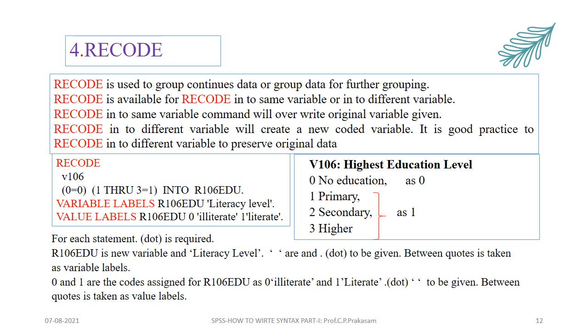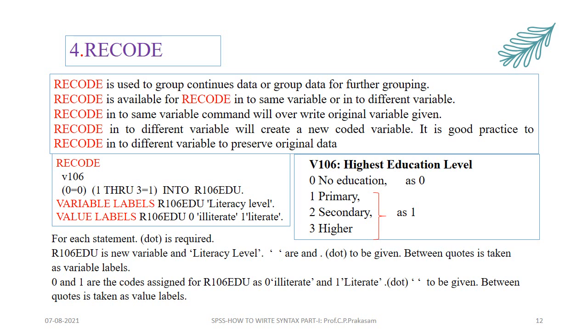Suppose you want to recode V106, which is given as the highest education level, having codes 0 equals no education, 1 is primary, 2 is secondary and 3 is higher education. In that case, you see here 0, 1, 2, 3 are given, and a researcher is interested to find out no education and education.